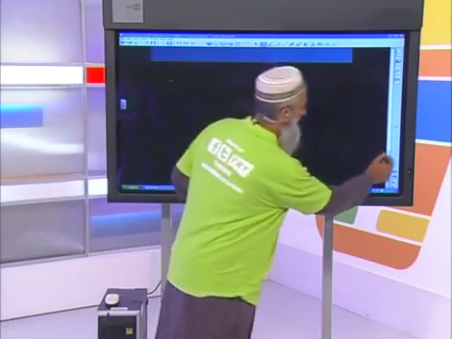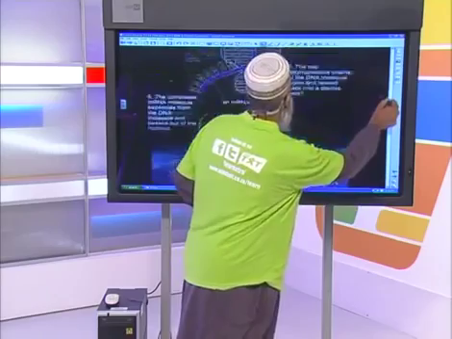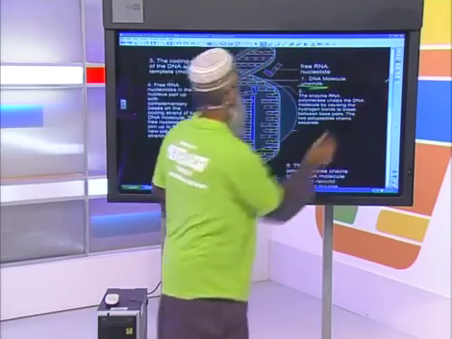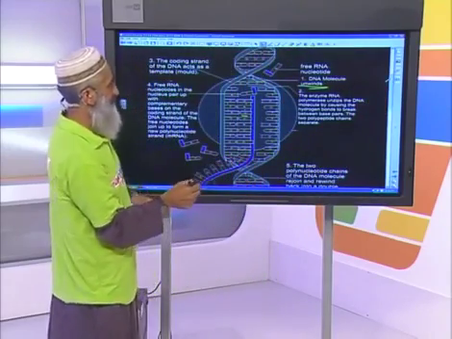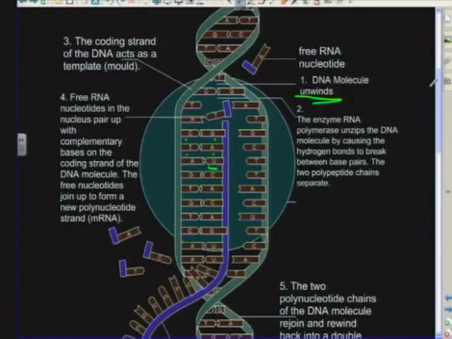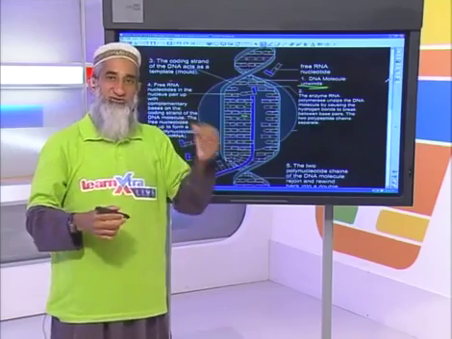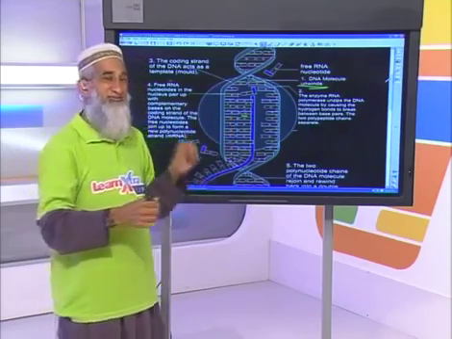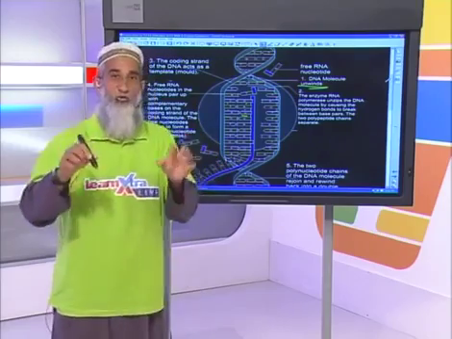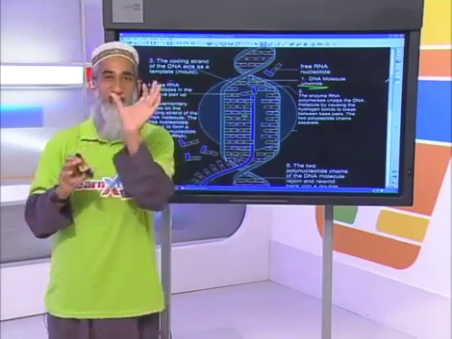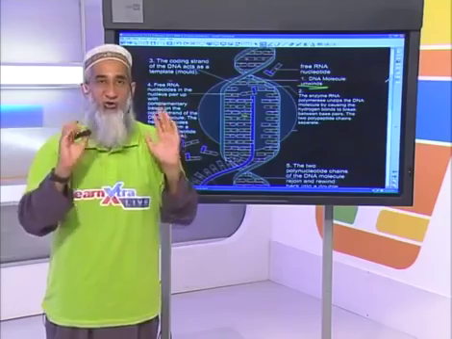And again, we go back to our diagram to highlight that explanation. The first part is transcription, and that's occurring in the nucleus, as you can see. Transcription means to transcribe, to copy. So transcription is the process whereby messenger RNA copies the code from DNA. In that one sentence, that's what transcription is all about.